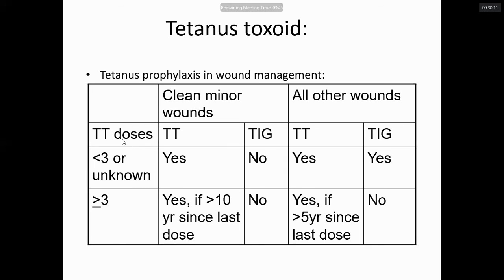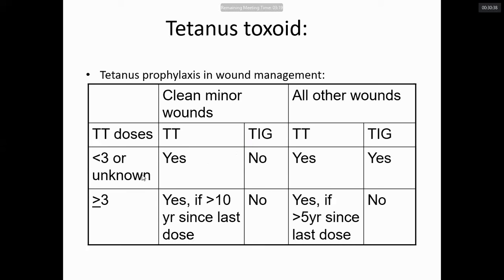If all 3 doses are received and the wound is a clean minor wound, then if it is more than 10 years past the vaccination, we have to give tetanus toxoid vaccine. Otherwise, no need to give tetanus toxoid vaccine or tetanus immunoglobulin.